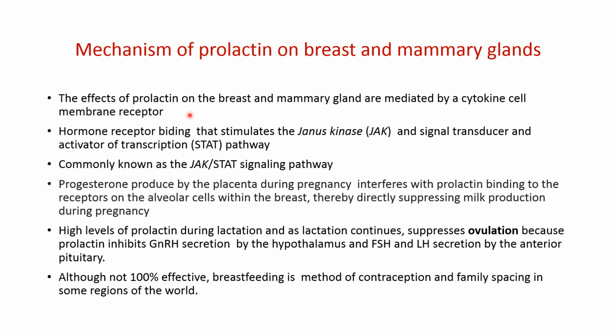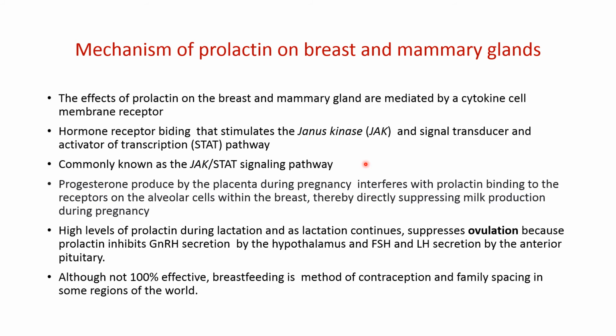And if you remember, prolactin itself acts on a dimer receptor where the receptor itself does not have kinase activity, but rather it is covalently bound with another kinase known as Janus kinase. Once prolactin binds this receptor, it will cause phosphorylation and activation of the Janus kinase, and this will lead to protein synthesis, among other things, and also to the formation of the signal transducer and activator of transcription, known as STAT. So basically the signaling pathway for prolactin is the JAK-STAT system, which we discussed in the first lecture.